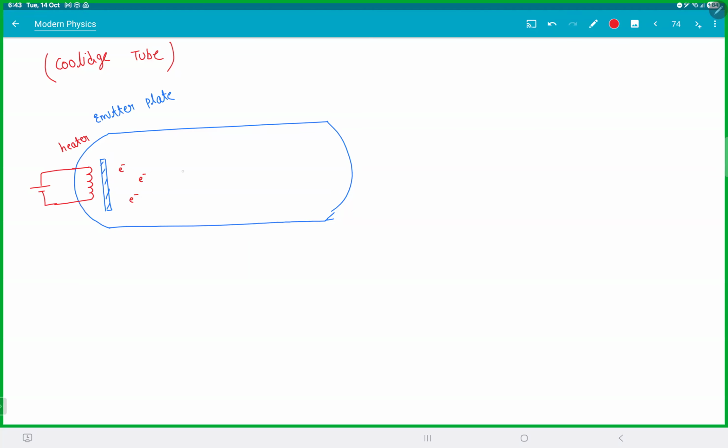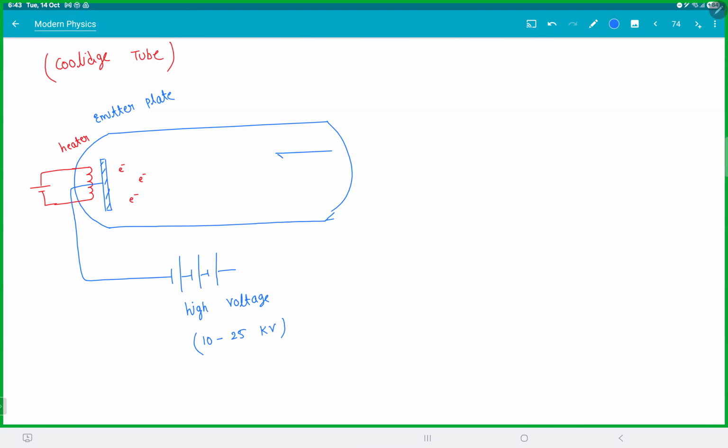This is called thermionic emission. Then you connect this emitter plate to a battery, a high voltage battery. We give around 10 to 25,000 volts. Next time when you go to an X-ray machine, observe that it will be written danger high voltage. So you operate this around 10 to 20,000, 25,000 volts. It can be even higher.